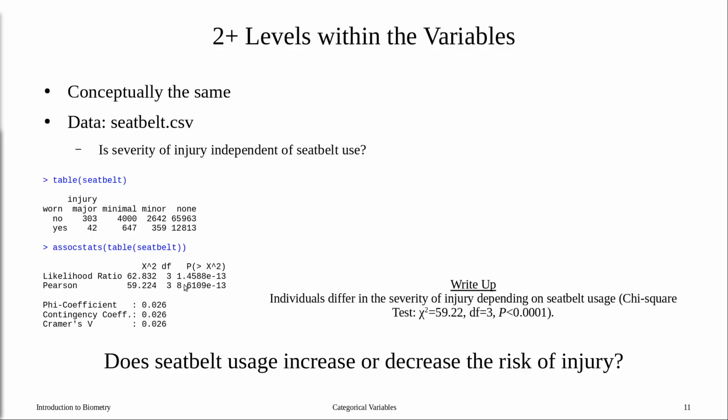Is our degrees of freedom correct? Yes. Number of rows is 2, so 2 minus 1, times the number of columns minus 1, so 4 minus 1 is 3. So 3 degrees of freedom. In both cases, no matter which one we use, injury does differ based on seatbelt usage.